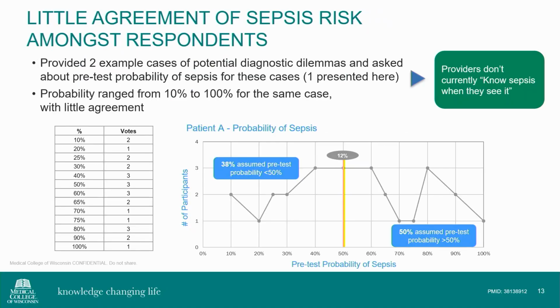When we asked our group of participants, again, comprising experts in this field, using the exact same patient histories, what is the chance of this patient having sepsis? You'll see where all of our experts voted over here. Our votes range from less than 10% chance of the patient being septic to 100% chance of the patient being septic.